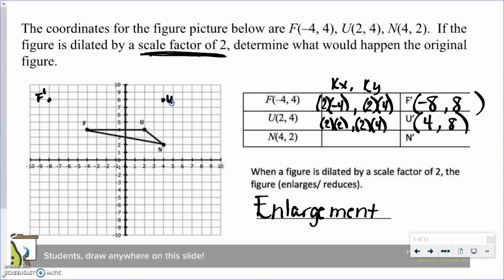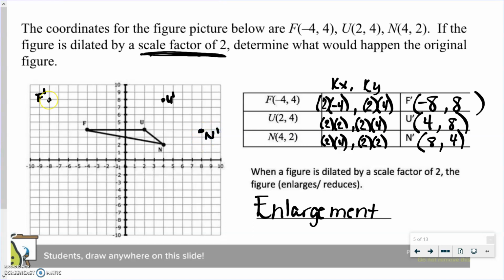Plot my point, label U prime. Last but not least, we have 2 times 4 for our x value, and 2 times 2 for our y value. 2 times 4 is 8, and 2 times 2 is 4. So we're going to go 8, 4. Plot our point, and then label N prime.